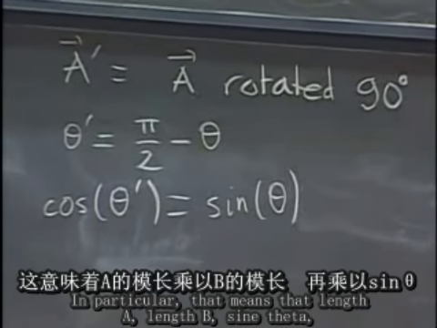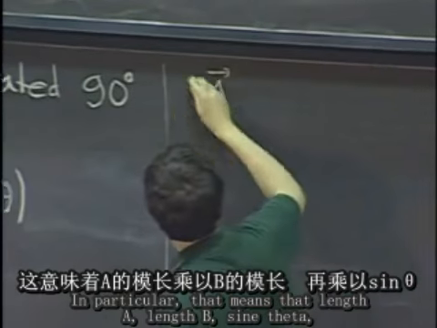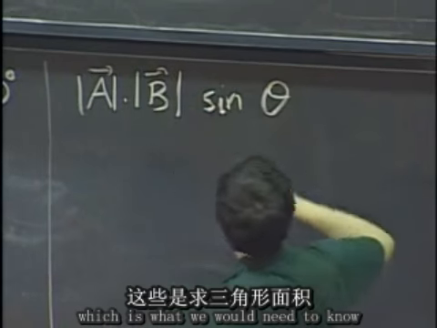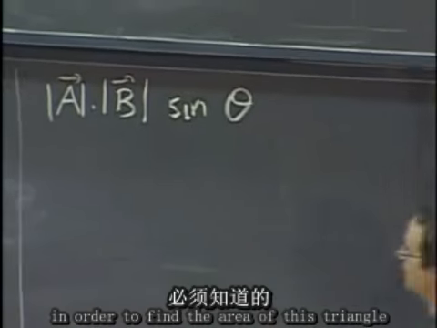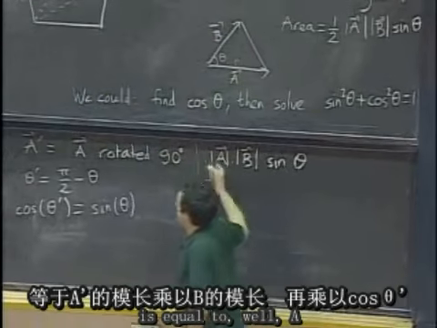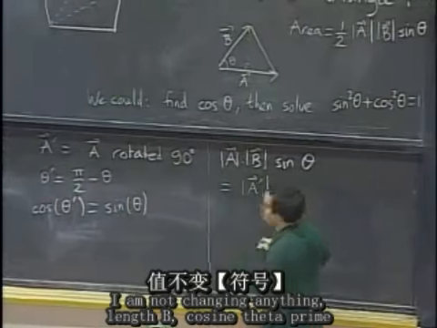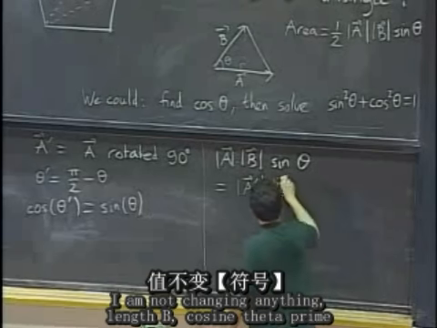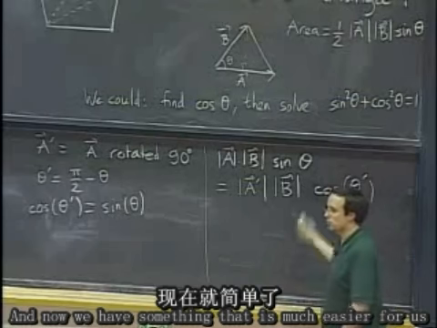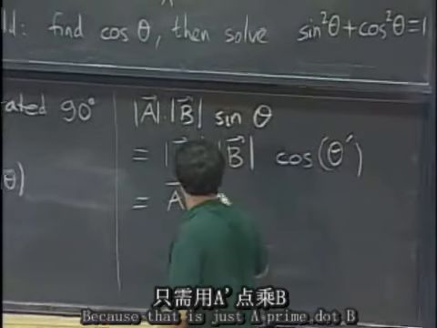So in particular, that means that length A, length B sine theta, which is what we would need to know in order to find the area of this triangle, is equal to, well, A and A prime have the same length. So let me replace that by length of A prime. Okay, I'm not changing anything. Length B cosine theta prime. And now we have something that's much easier for us, because that's just A prime dot B.